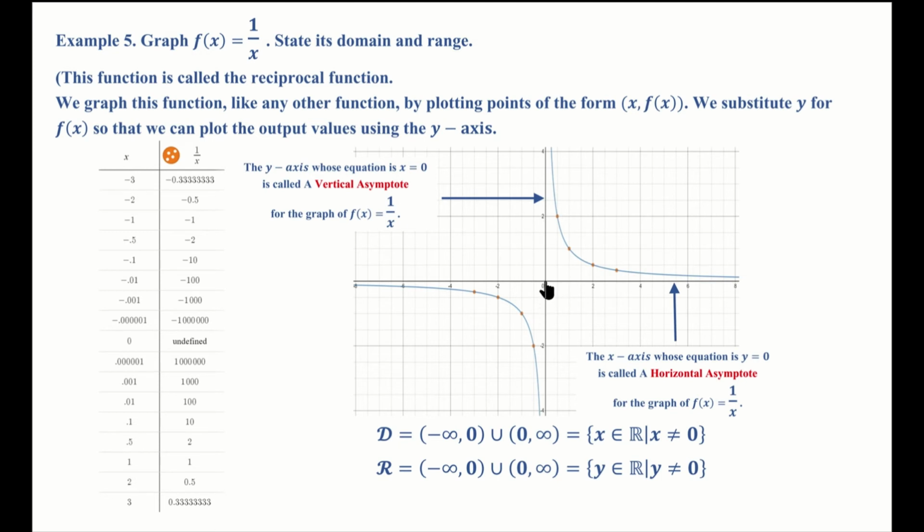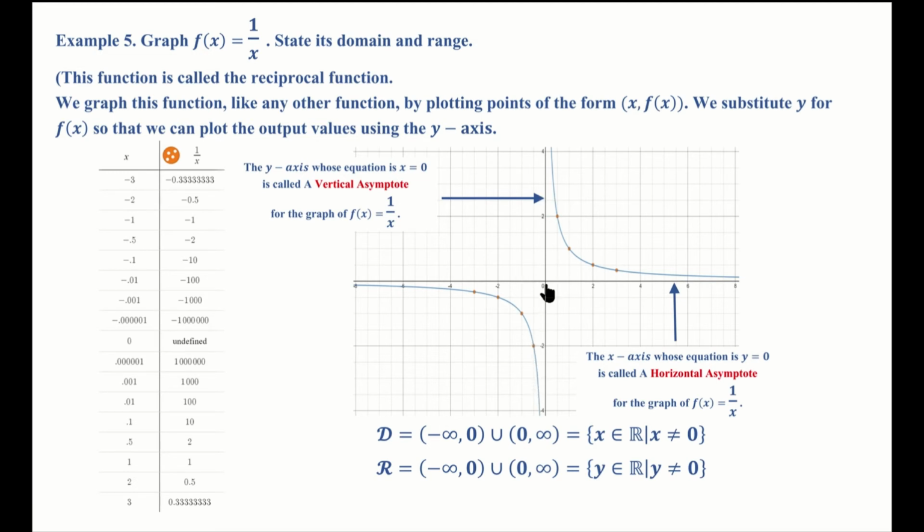So 0 right here is what we call a point of discontinuity, because notice it literally rips the graph up into two parts. There's what happens to the left of 0, and then there's what happens to the right of 0, and they're completely disjoint. They're separate pieces of this graph. So all the graphs we've seen for polynomials, etc., they've all been nice and connected, but this really gets split up at that point of discontinuity.